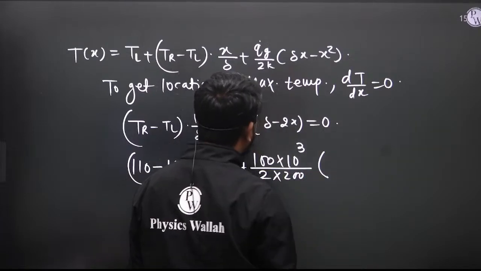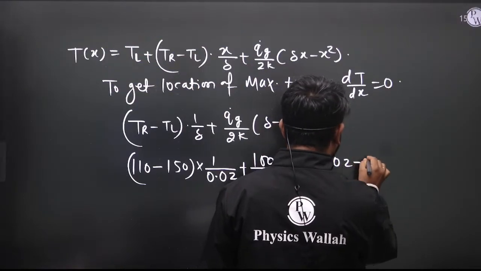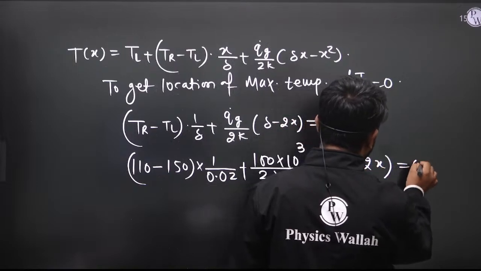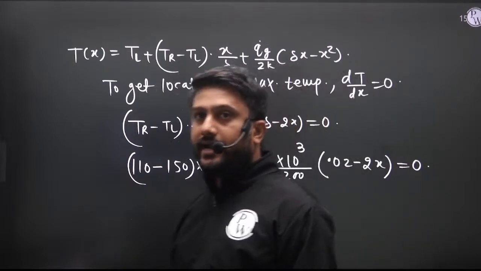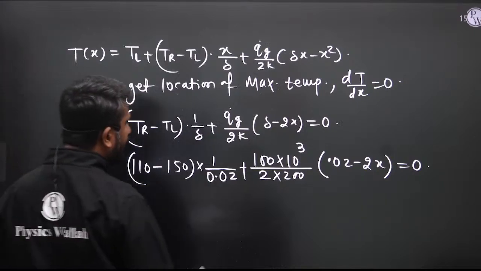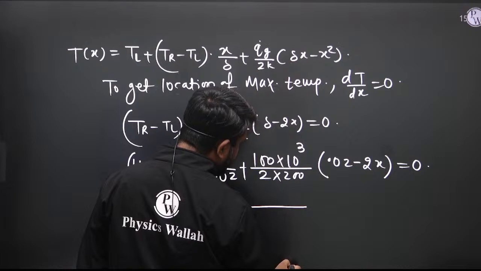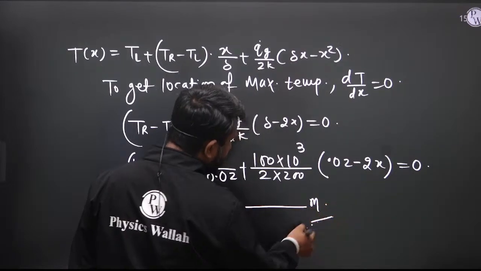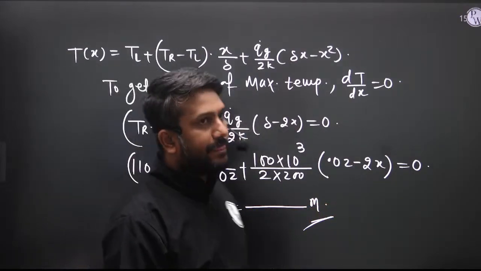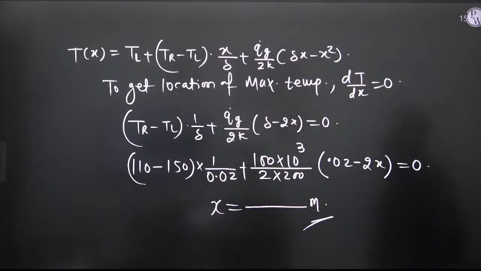And this is delta. Delta value is 0.02, minus 2 into x. And this is equal to 0. Right. One equation and one unknown. You can calculate x. In this expression, x is in meter. So what are you getting?